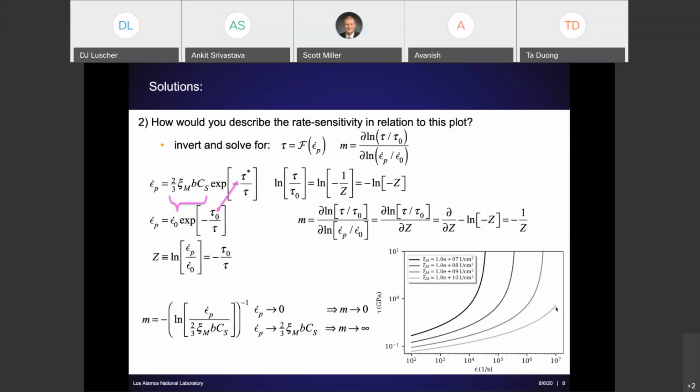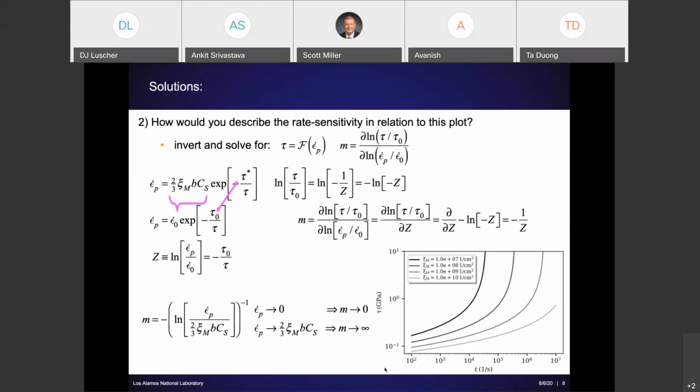So by increasing the mobile dislocation density, we're increasing this upper bound epsilon dot 0, which is the maximum rate we could accommodate an imposed deformation via plastic slip. Okay, so that's the second problem.